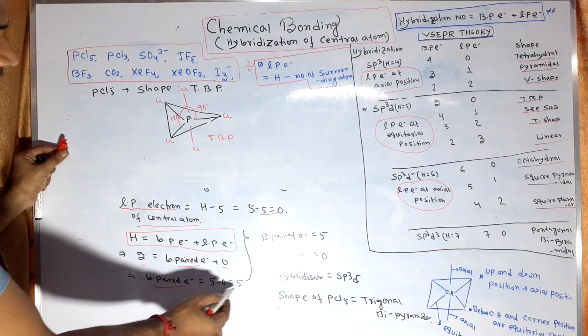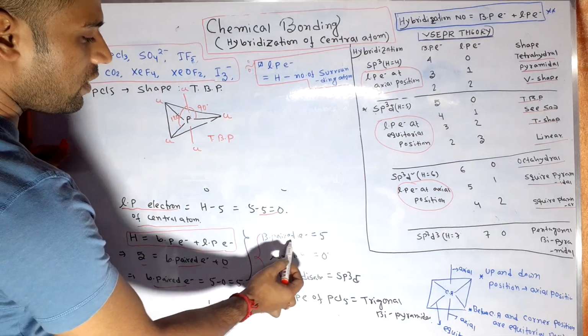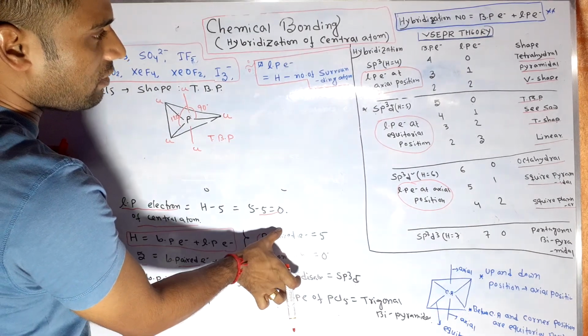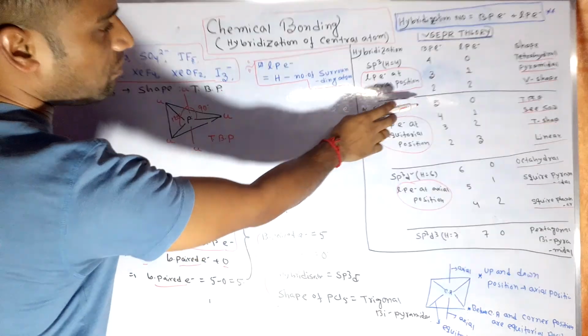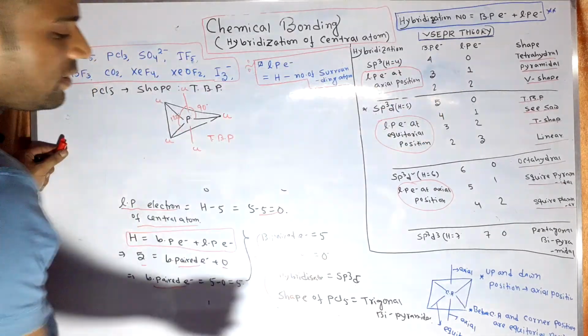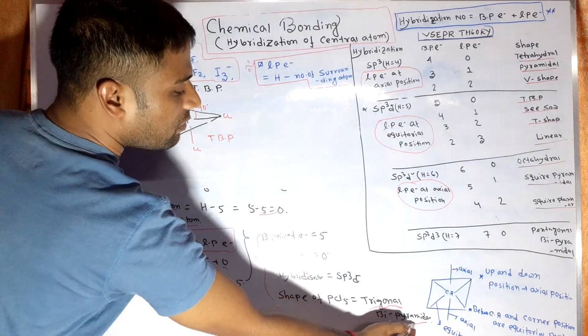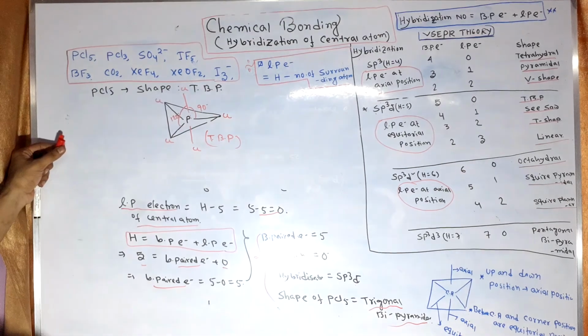So bond pair electron 5. Then the data are: bond pair electron 5, lone pair electron 0, hybridization sp3d. This data can help from the VSEPR model. The structure, shape of the molecule, is trigonal bipyramidal. This is the trigonal bipyramidal formation.